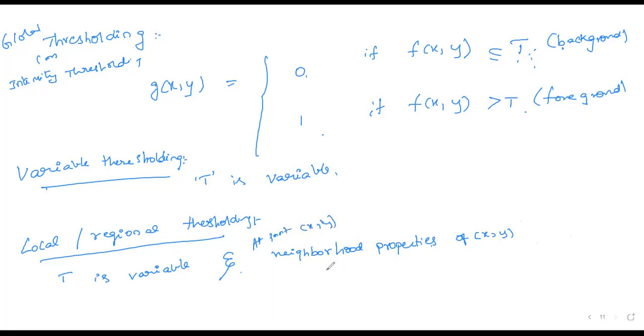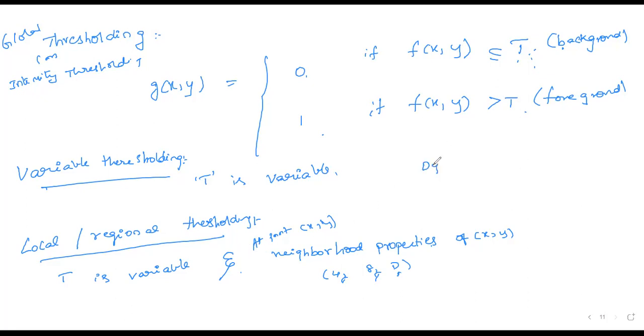What is neighborhood property? We have 4 neighbor, 8 neighbor, diagonal neighbor, right? It has to follow these conditions also. That is local or regional thresholding.